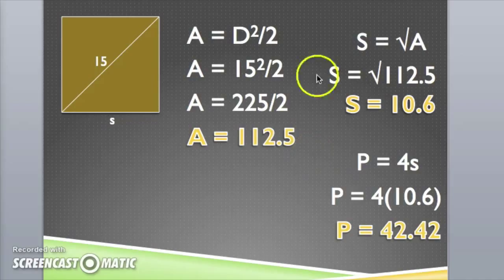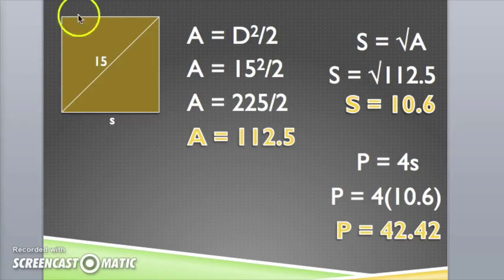Now that we got the area, we know that for getting one side, which we need for the perimeter, a side is the square root of the area. S equals the square root of 112.5, and our side equals 10.6.